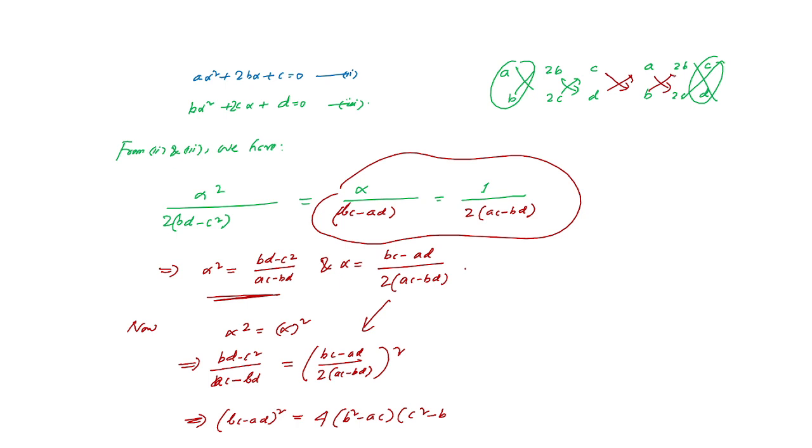So here we made the mistake, b into 2b, that means 2 is b square, not bd, b square.